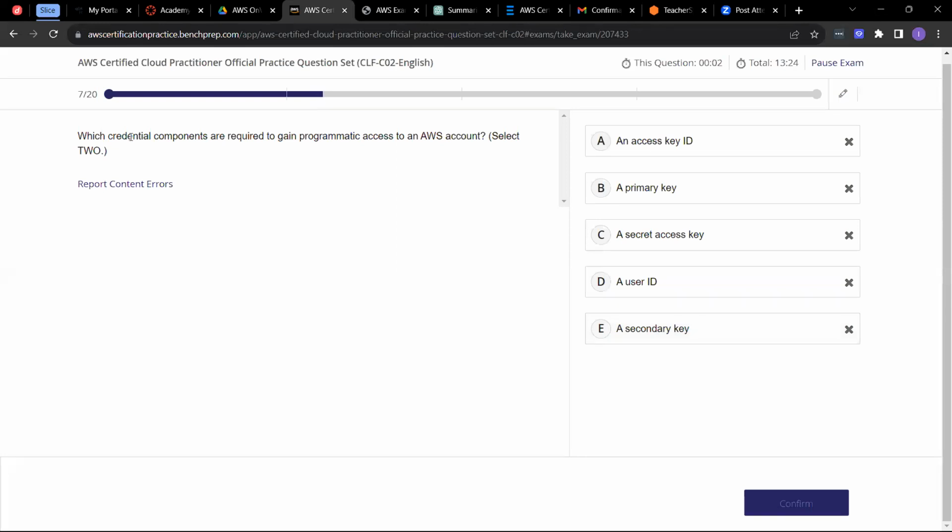So which credential components are required to gain programmatic access to an AWS account? An access key ID, a primary key ID, a secret. We are selecting two.